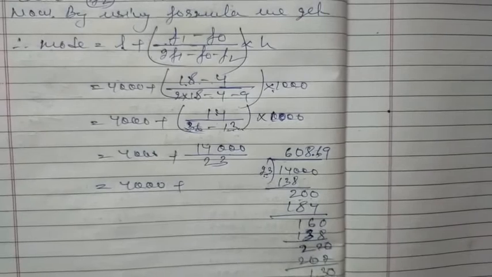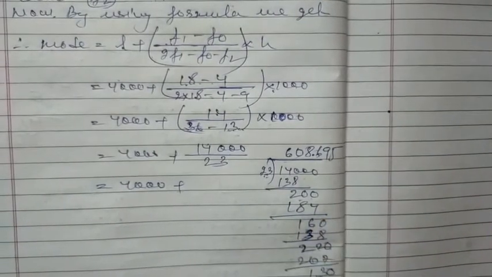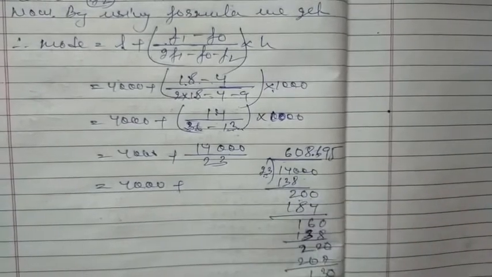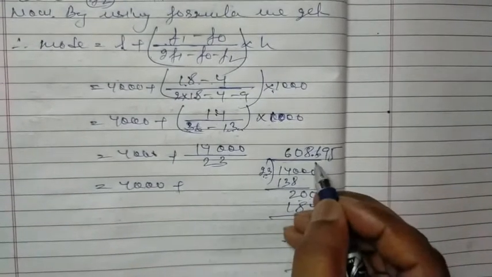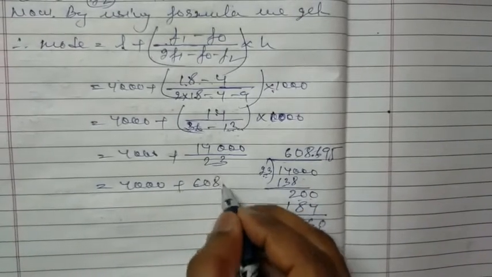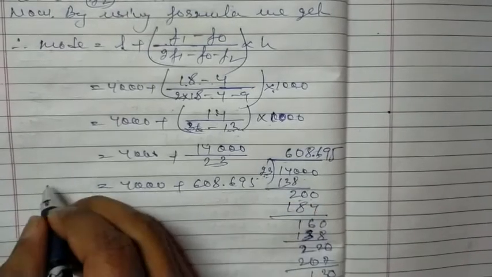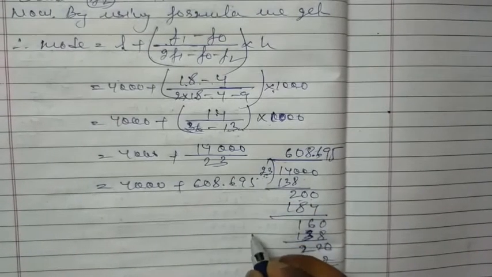Again, how many times? 5 times. 5 3s are 15, 1 carry. 5 2s are 10, 16. So after the decimal it is 6, 9, 5. So the result is 1076.9. I can add this number.